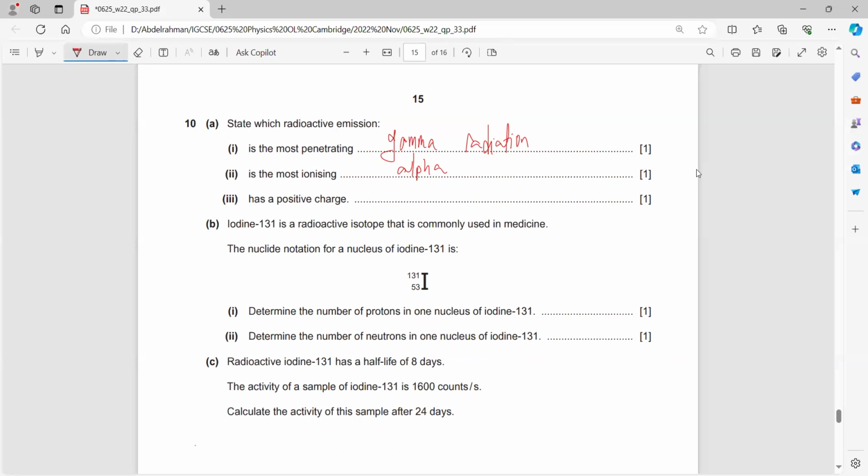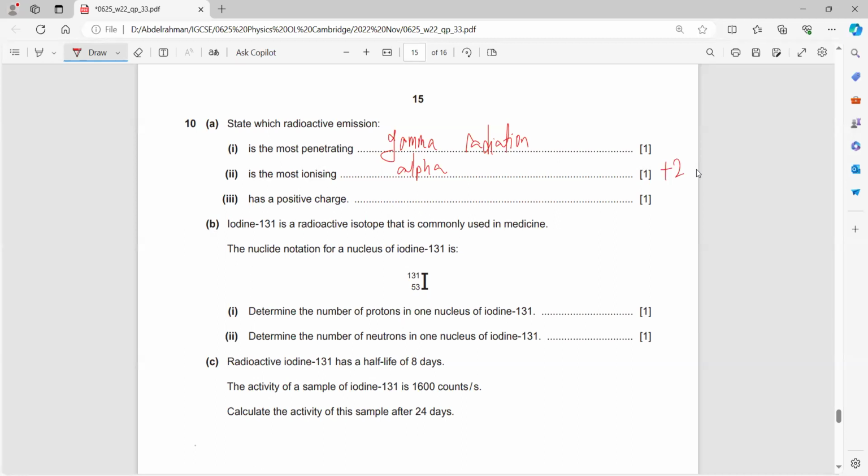The charge of an alpha, we know, is positive 2. So this is quite strong when comparing it to the beta or the gamma. So it is the strongest in terms of ionization.